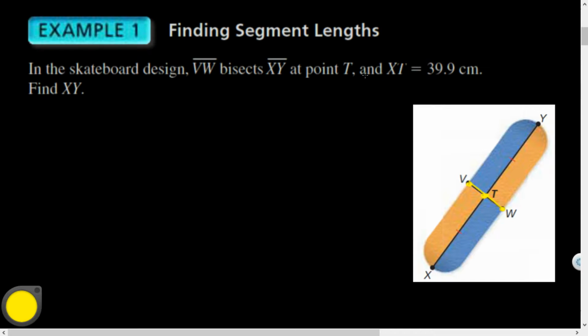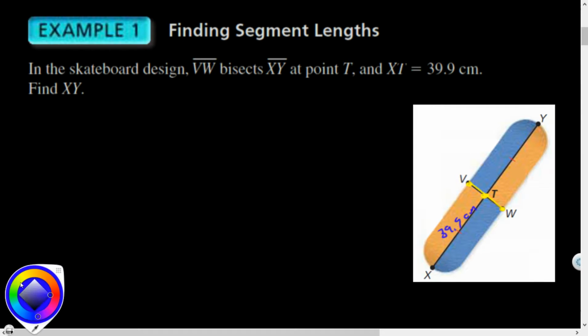XT is 39.9 centimeters. So XT right here is 39.9 centimeters. The question is, find XY.